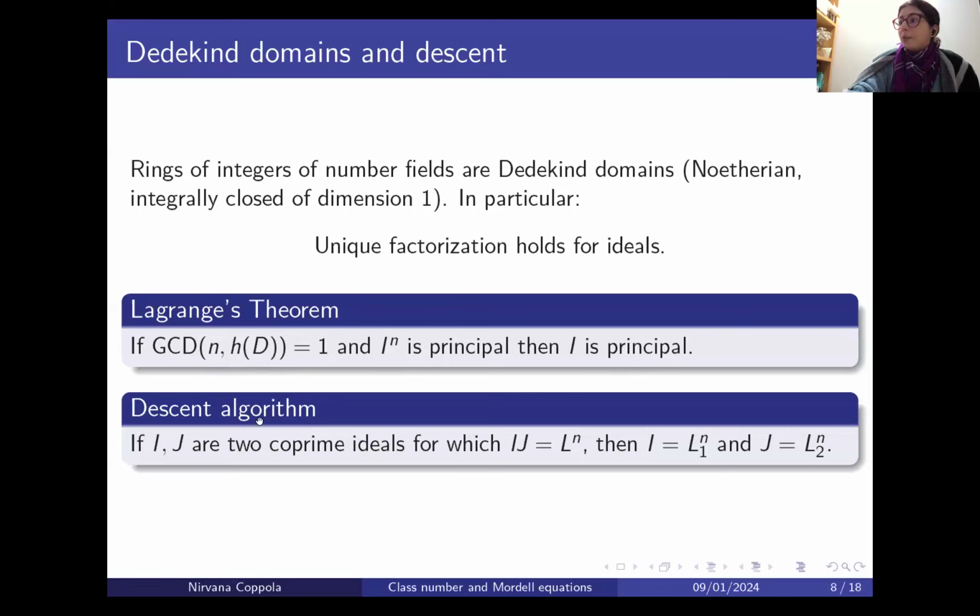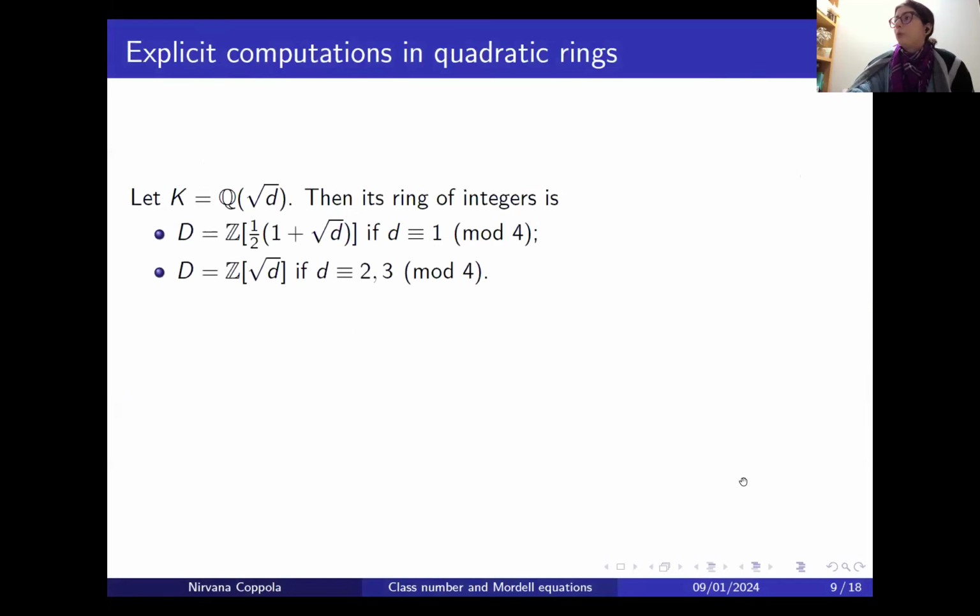And then we are able to perform this descent, as I mentioned earlier. So if the product of two coprime ideals is an nth power, then also the two coprime factors are nth powers, which is what we need. And this is what we have to port to Lean.